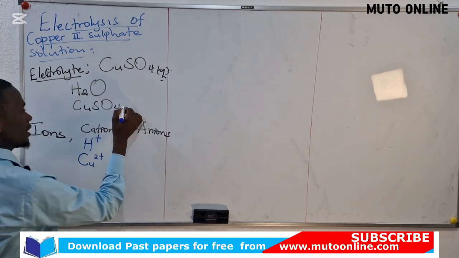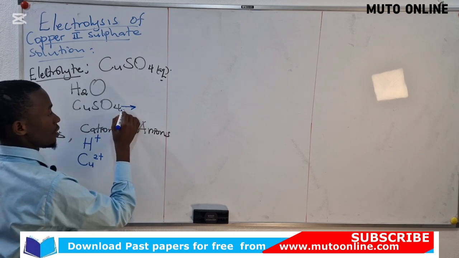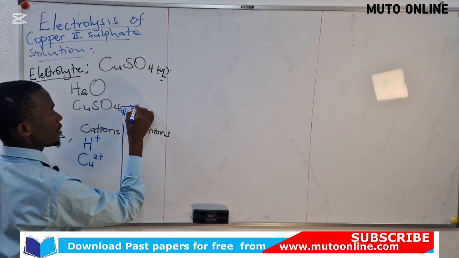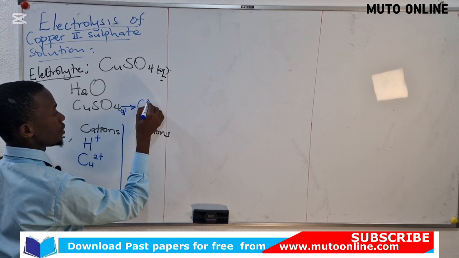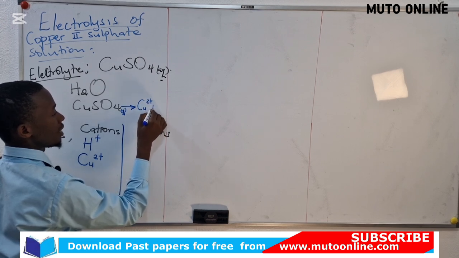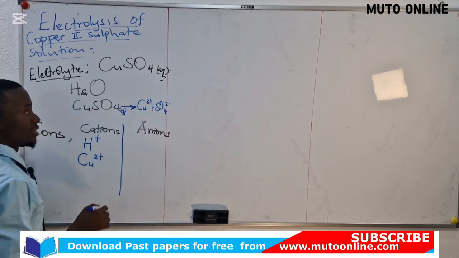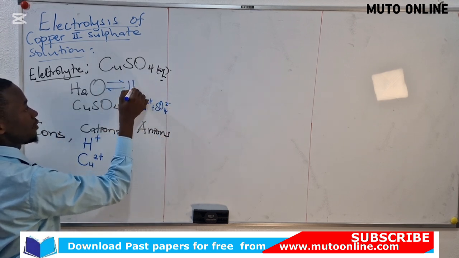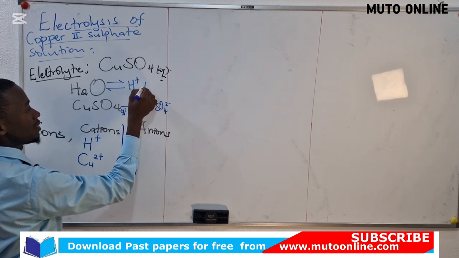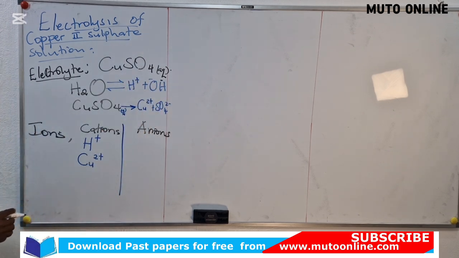So in most cases, you may need to know the equations. The aqueous copper II sulfate will undergo complete ionization or decomposition to give copper II ions and the sulfate ions. The water will partially ionize to give hydrogen ions and the hydroxide ions.